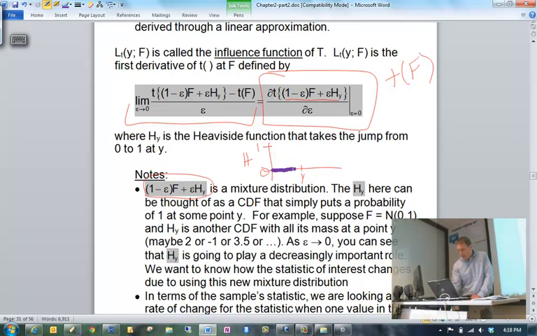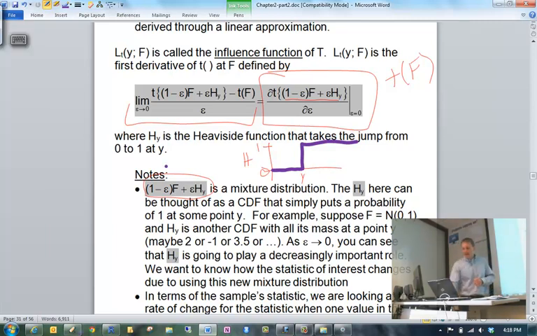Imagine you're coming along here, and then when you hit that y, boom, you go up, and now you're at 1. So in other words, all the mass is at this point y. Either you're y or you're not. Very simple distribution. Not very fun, but it works out well here.